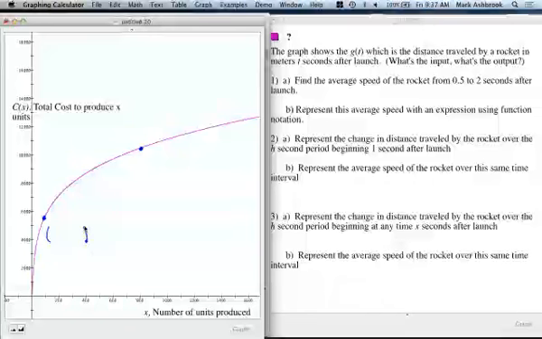Okay, so write ordered pairs for those 2 points. We're going from 100 to 800. Okay, so for specifically starting at 100 units produced up to 800 units produced, I want you to set up the difference quotient for those specific values. So what's the difference quotient if the number of units produced goes from 100 to 800?